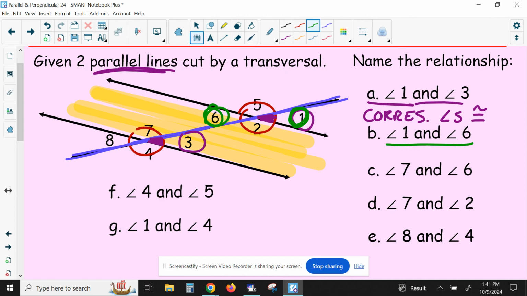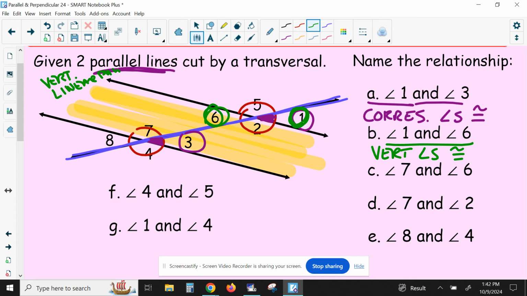The ones on the same pizza are vertical and linear pair. Those are the only 2 options. So are these 2 green guys vertical, the scissors across from each other? So these guys are scissors. These are vertical angles, and vertical angles are congruent. They're both A's.